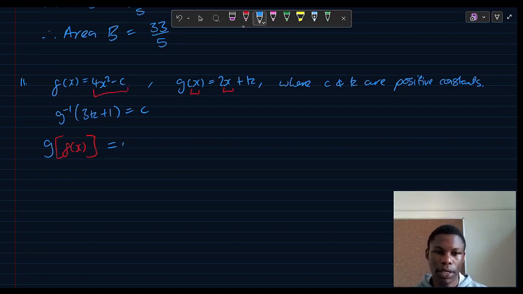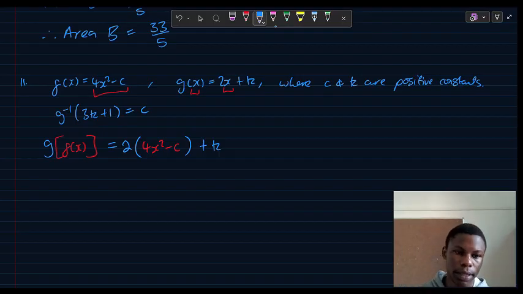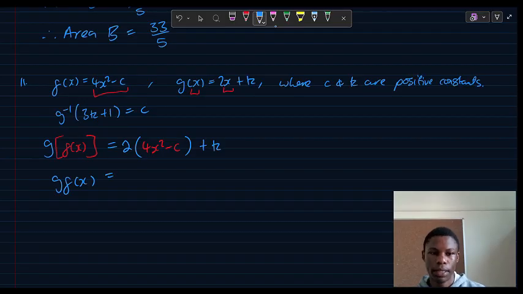So this becomes 2 brackets, our x becomes f of x, which is 4x squared minus c, and that is plus k. So we have that gf of x is equal to, we can expand this, 2 times 4x squared, that's 8x squared, 2 times negative c, that's negative 2c, plus k.